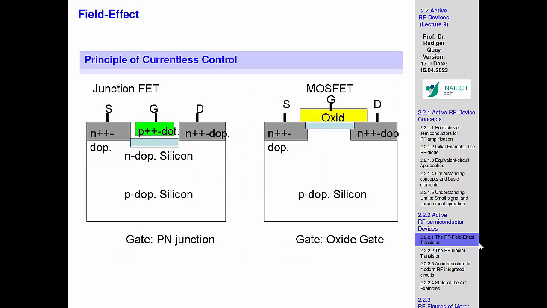What was particularly good was this principle of currentless control in a MOSFET. So if you find a device which actually can be controlled without a current, that is of course quite good. This principle that we do not have a junction at the gate, at the control contact, in itself is a major driver. Because these are essentially ohmic contacts and then PN contacts, they are slow.